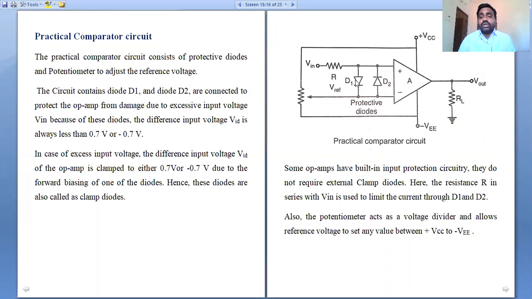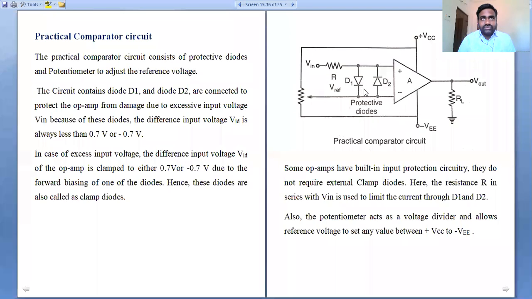So with these two diodes, if any excess input current comes through them, the operational amplifier will forward bias one of the diodes when an excess amount of input current passes through the input terminals.